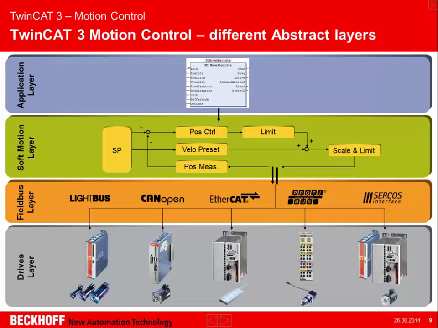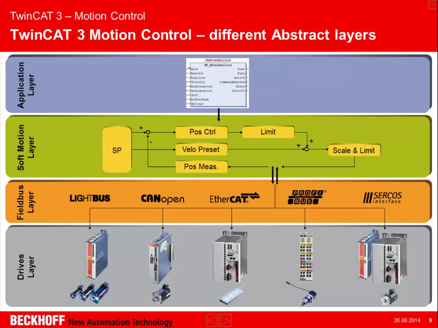The general architecture is built out of different abstraction layers. At the bottom we see the drive layer, so different drives connected with different field buses. The next layer is the field bus layer. On top of this we have the abstraction layer of our NC-PTP, so the different axes, the soft axis objects, and on top of course we have the application layer.